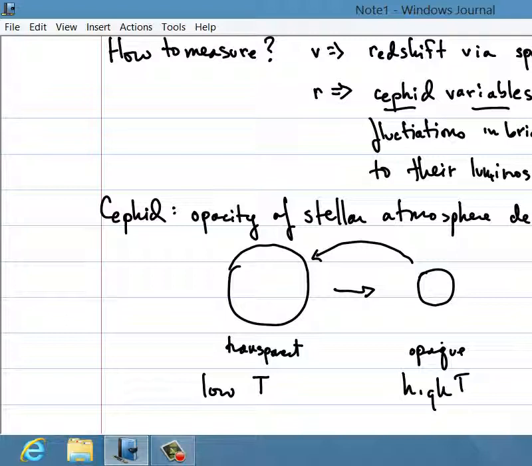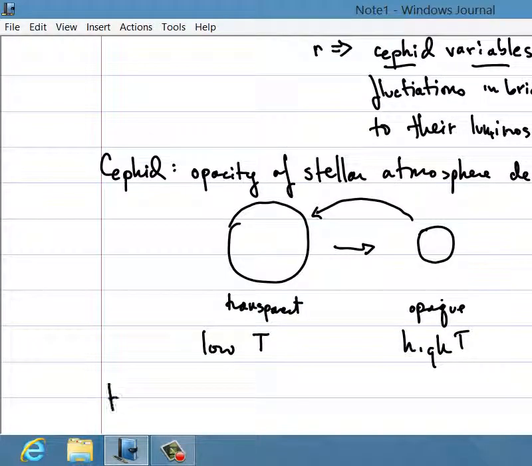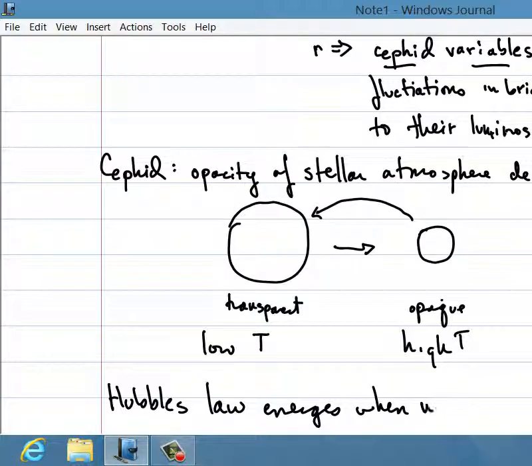Yes? How do you separate the intrinsic velocity of the galaxy from the... That's a great question. So that's something that I was actually going to mention. I should mention, of course, that Hubble's law only emerges when we average over many galaxies.